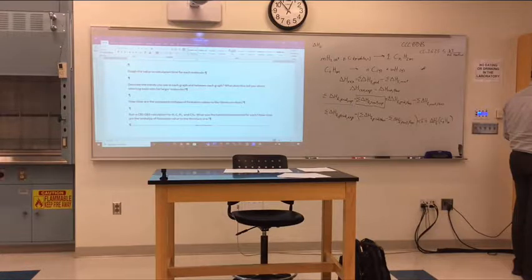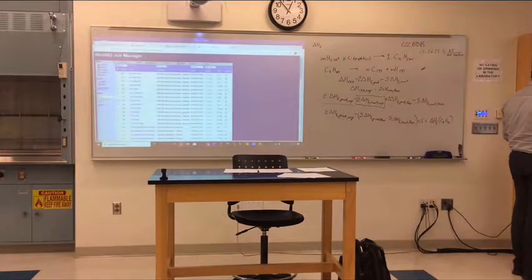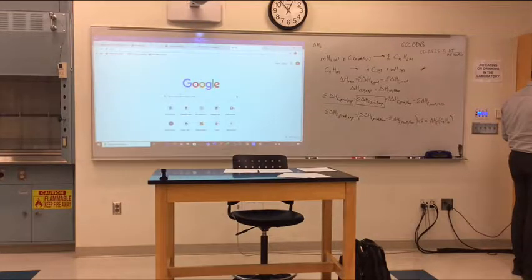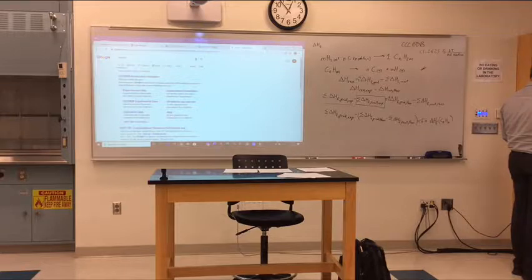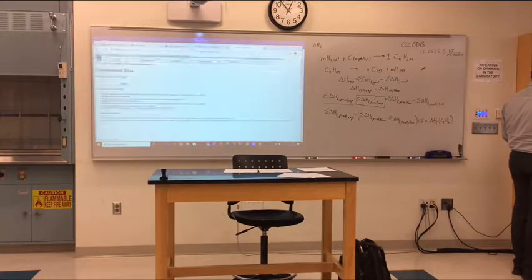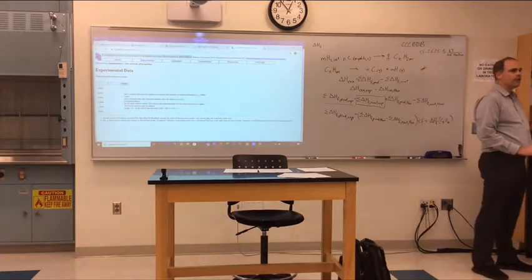Let's see. If you go to an internet window, CCCBDB, click on experimental data. Then you can just write the chemical formula for the one that you're interested in.